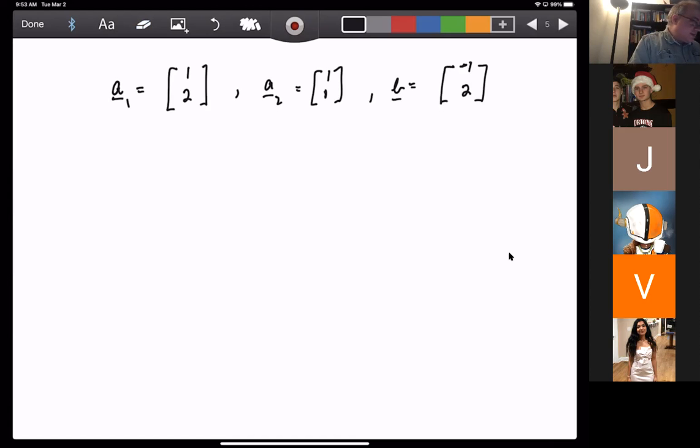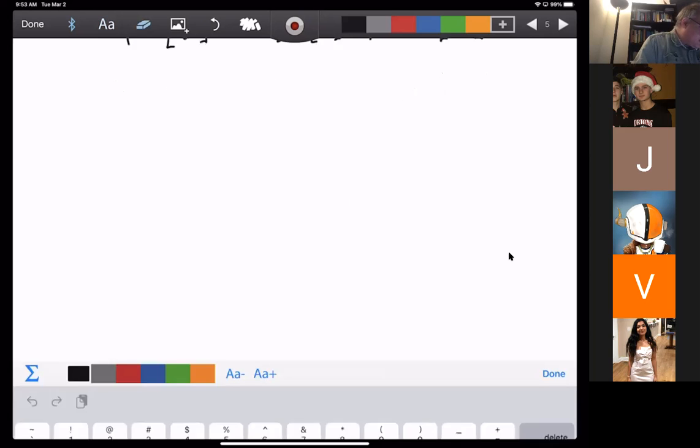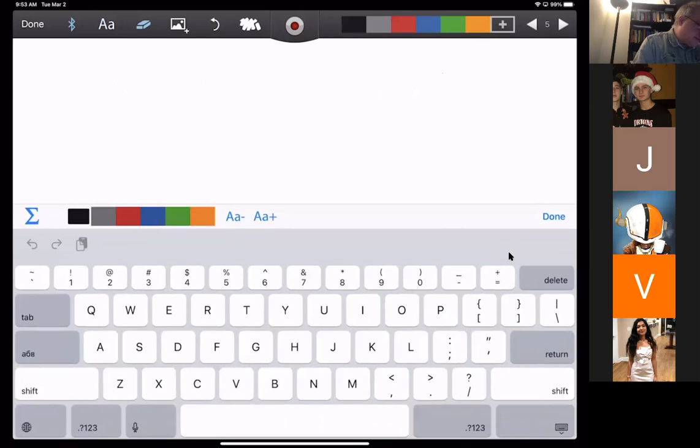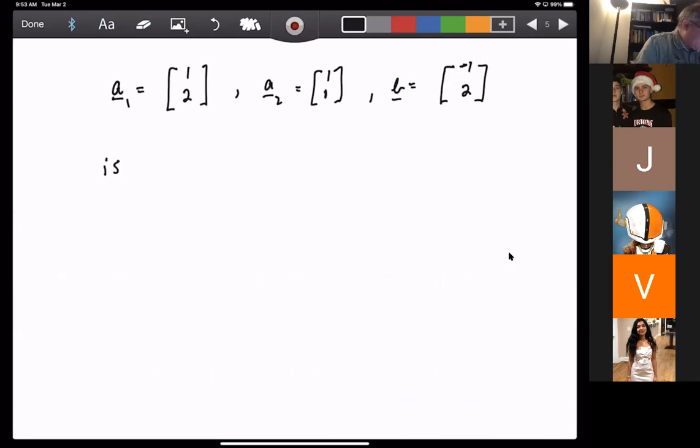We've got these two vectors, A1, A2, and a vector B. Is that vector B in the span of the set made from the vectors A1 and A2?